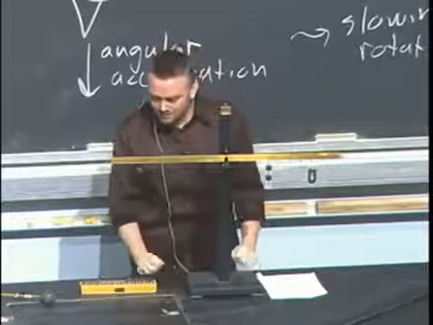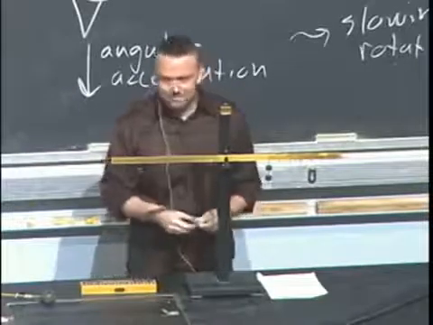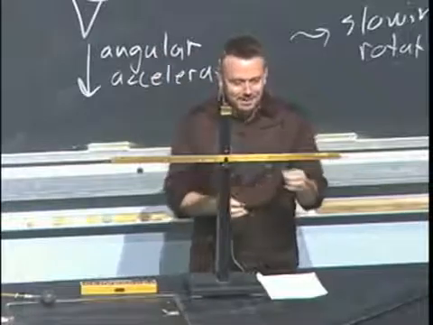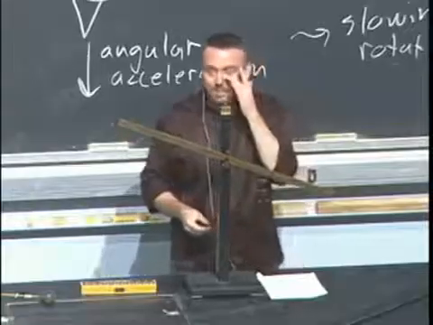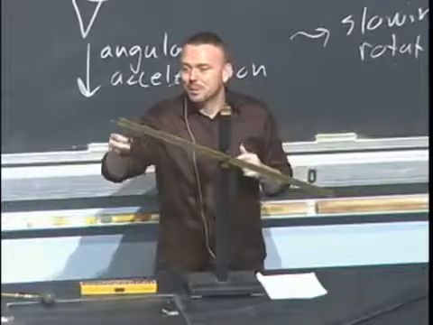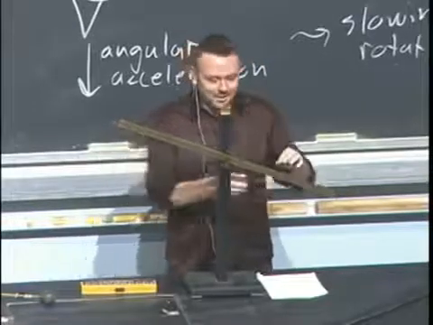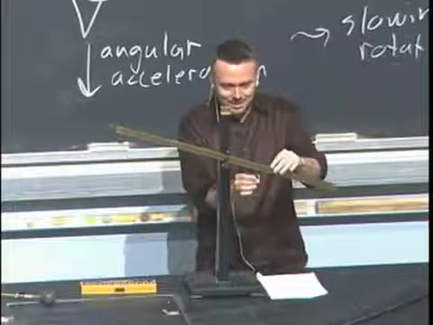So we can do this ad nauseum. We could do 3 on this side. That's clearly not going to be balanced unless we move this one out to a longer distance. I think I have to be a little more clever about that. There we go.